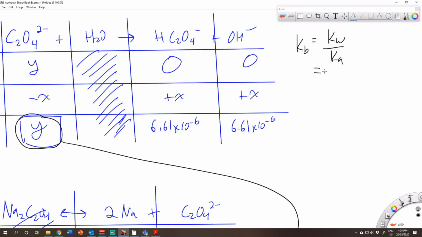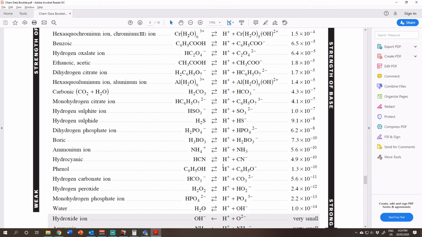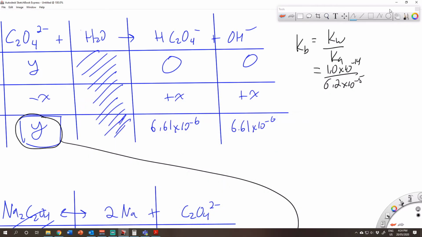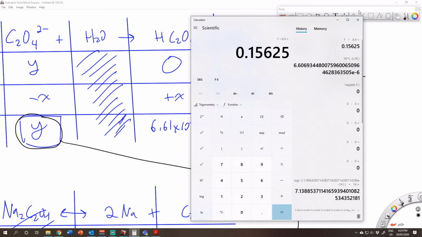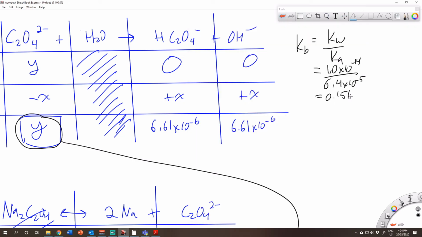So Kw, 1.0 times 10 to the negative 14, over 6.2 times 10 to the negative, wait, is that 6.2 or 6.4? 6.4, my mistake. 6.4 times 10 to the negative 5 equals 1 divided by 6.4, so 0.156, 0.156 times 10 to the negative 9, so 1.56 times 10 to the negative 10. All right, here's our KB.